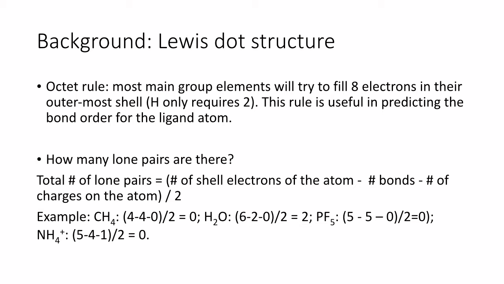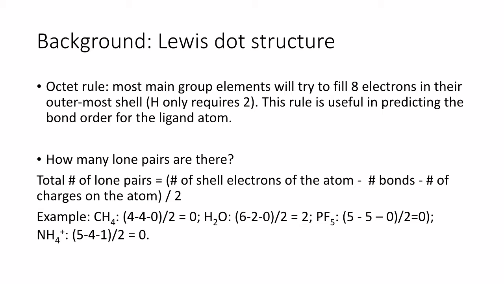The only exception is hydrogen in this case, which would only require 2 electrons to be stable. Now, this rule is useful when we try to predict the number of chemical bonds between the so-called ligand atom and the so-called central atom. We're going to explain what those two atoms are in the next slide.